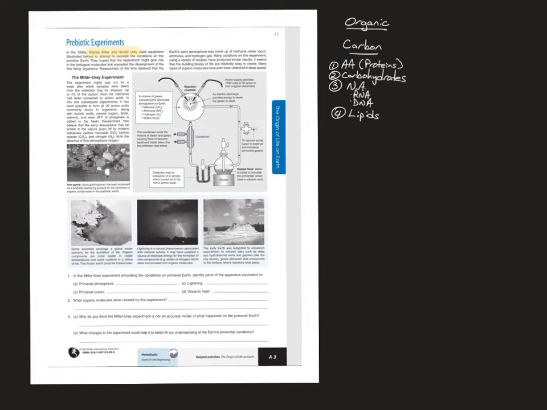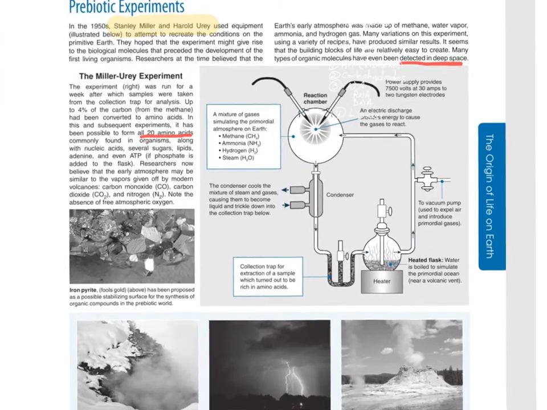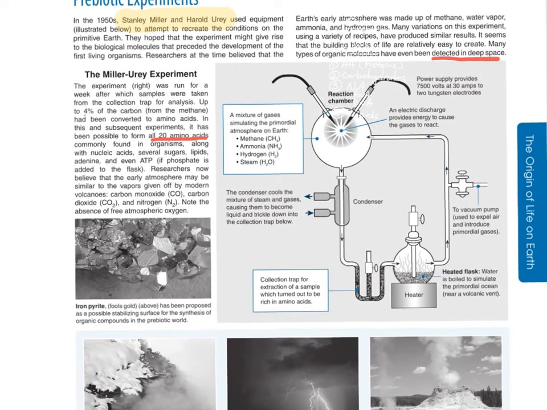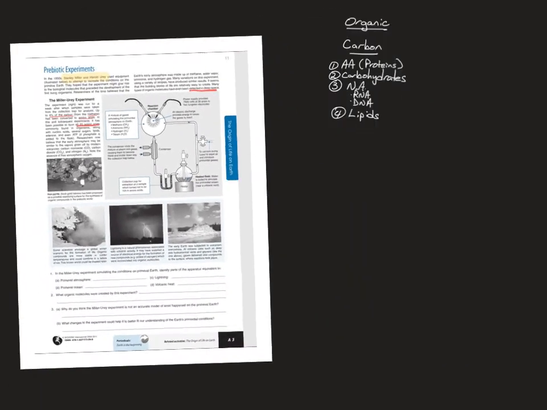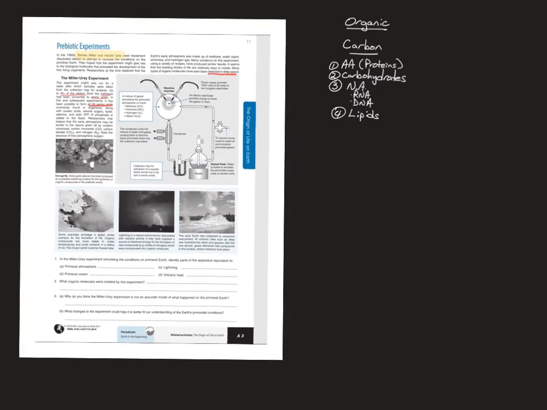In fact, we've even found them in deep space. We've been able to make all 20 amino acids, and about 4% of the carbon from methane has been converted to amino acids. That doesn't seem like a lot, but if you have a lot of methane, that's a lot of amino acids.